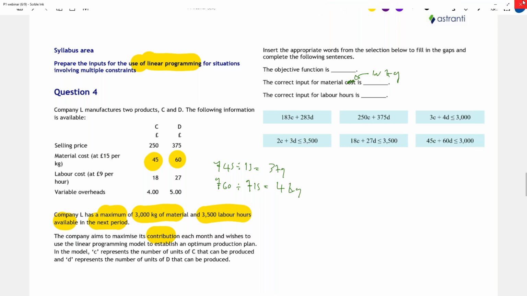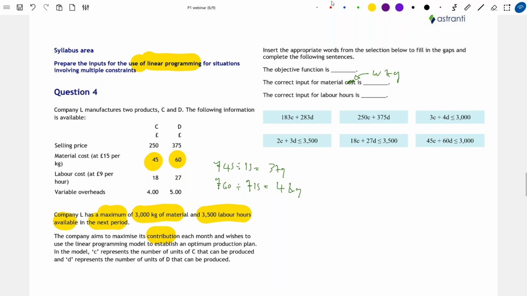So it's just the amount of material necessary to produce each unit of our products, deduced from the total cost and the cost per kilogram. 60 divided by 15 is 4, 45 divided by 15 is 3. So now we know how much material is necessary to produce each of our products. In total, we have 3,000 kilos of material.